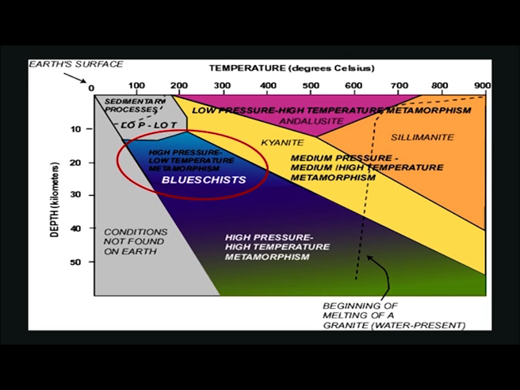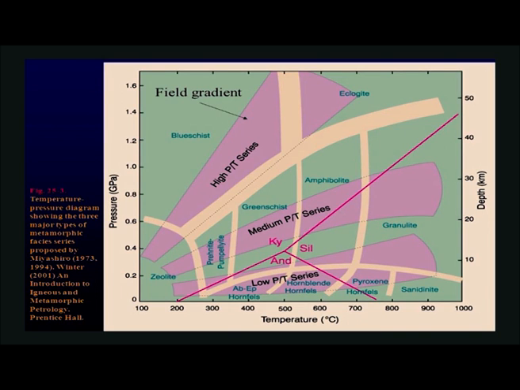Fourth, low pressure intermediate type. In this case, the pressure-temperature gradient is between facies series 1 and 2 and passes through the vicinity of the Al2SiO5 triple point. Thus all three polymorphs, normally andalusite, sillimanite, kyanite, occur in pelitic rocks in this facies series.